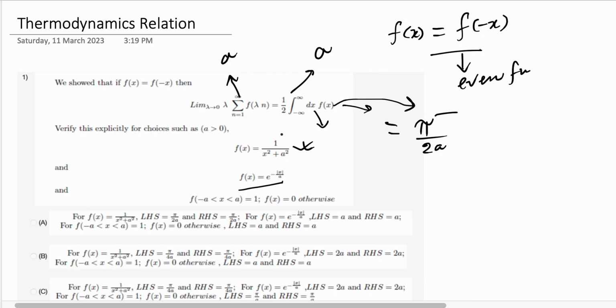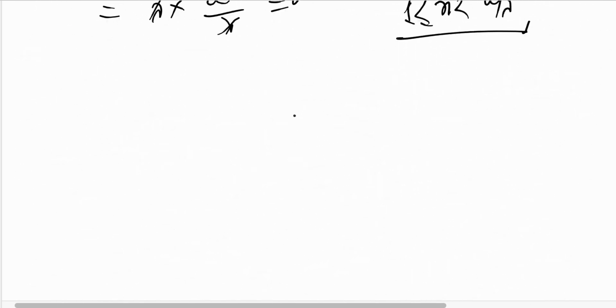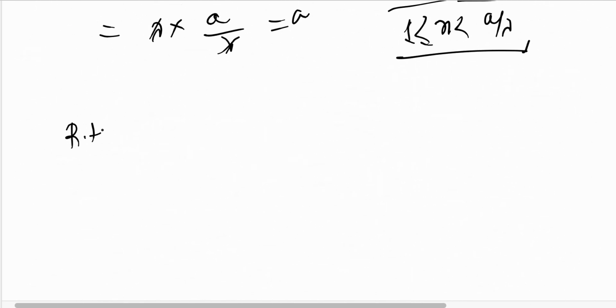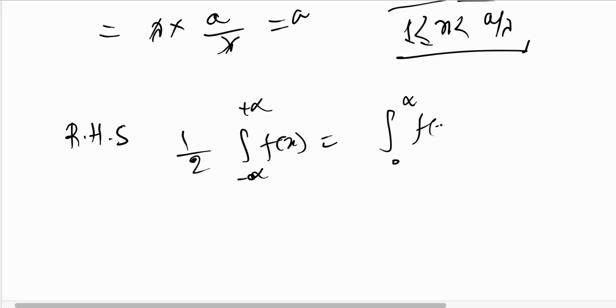Now let us check the value for the right hand side. The right hand side is half times the integral from minus infinity to plus infinity of f(x) dx. Again it is an even function, so we can write it as the integral from 0 to infinity of f(x) dx.